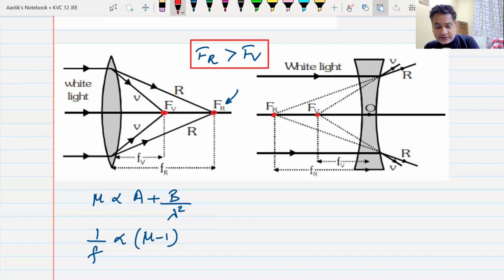Everyone understands what I've written here? Yes or no? Yes, sir. Please note it down. All these are potential questions that are going to come in your examination hall.